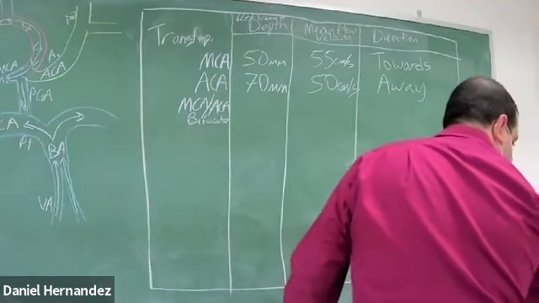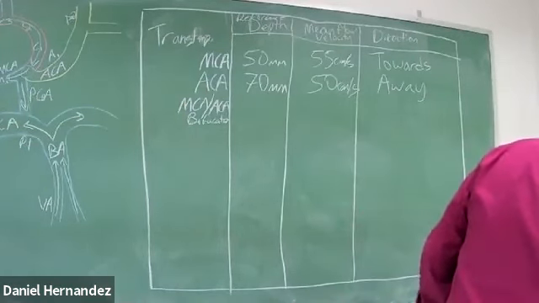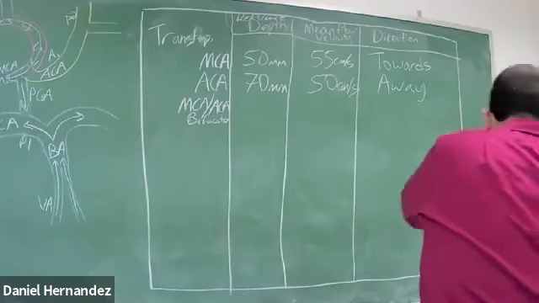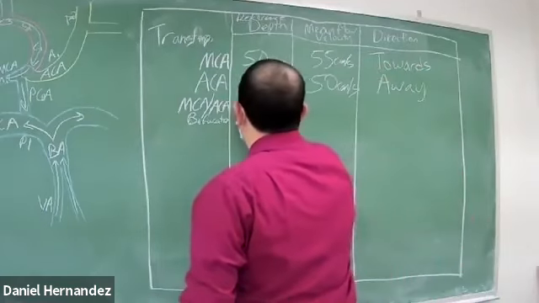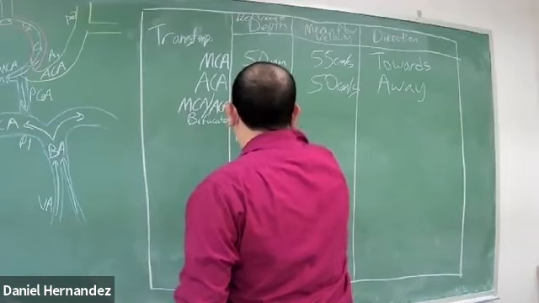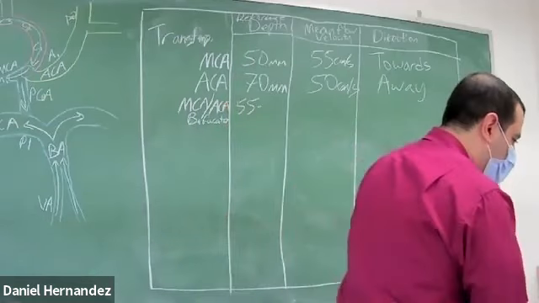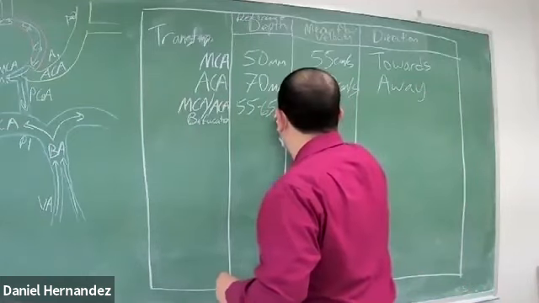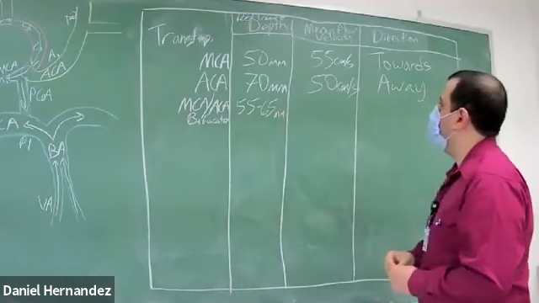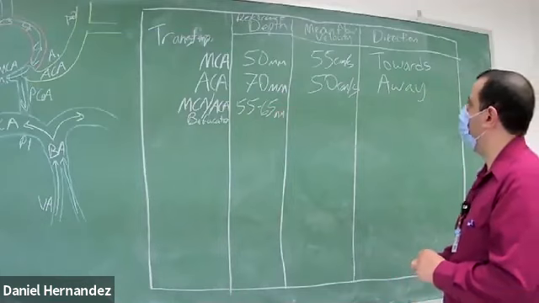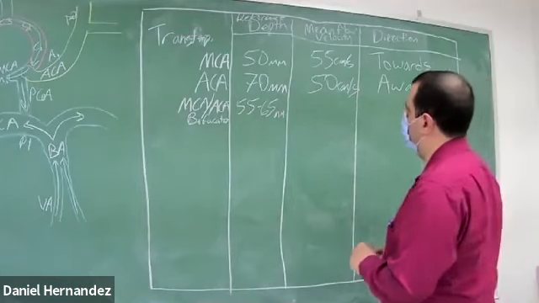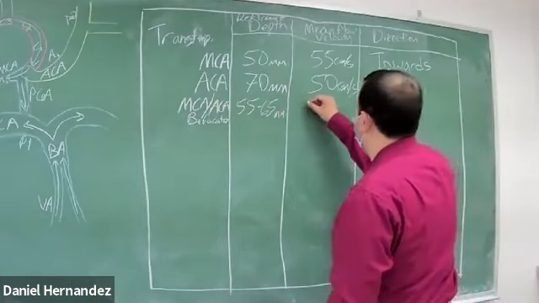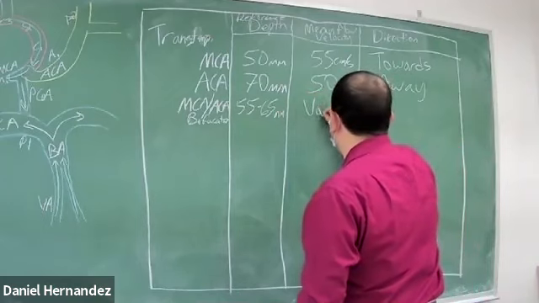So for this, our depth is going to be between 55 and 65 millimeters. Our velocities are actually going to be variable.